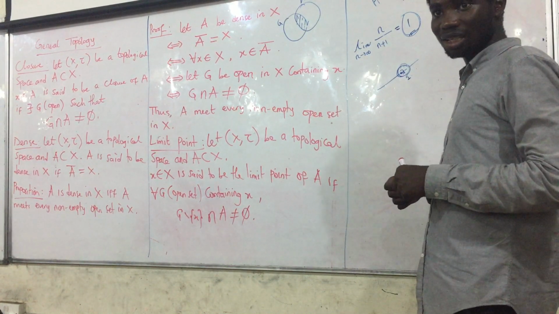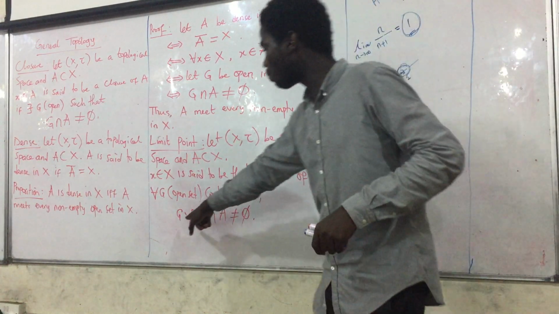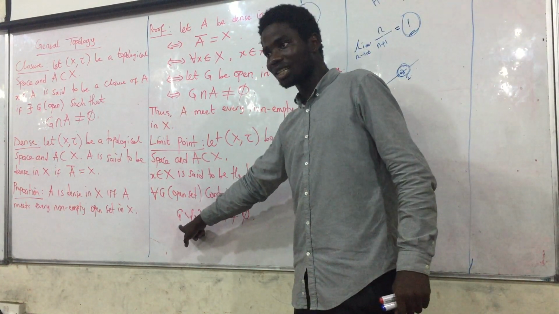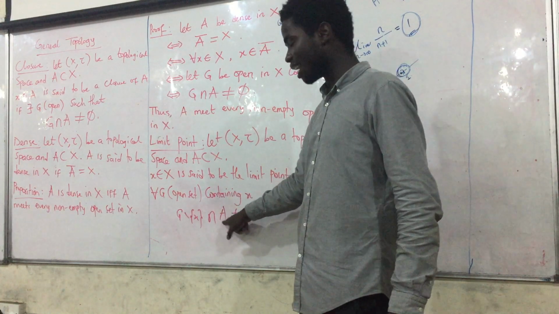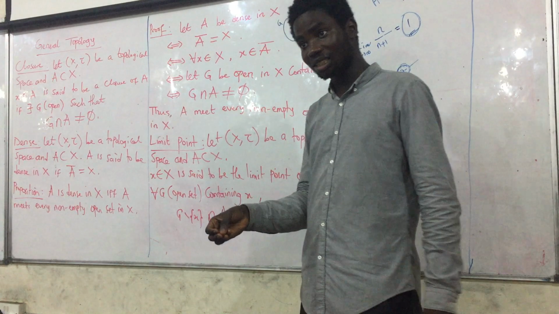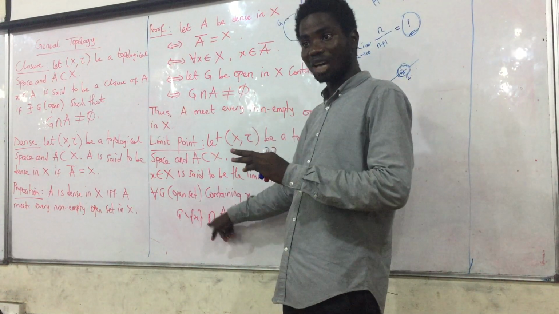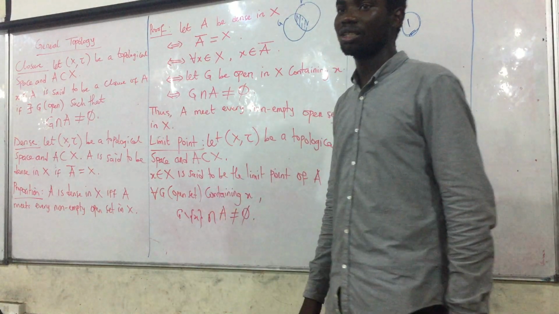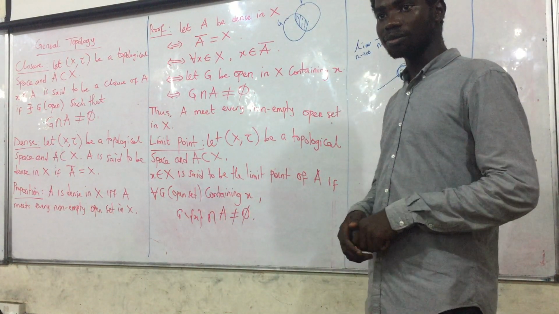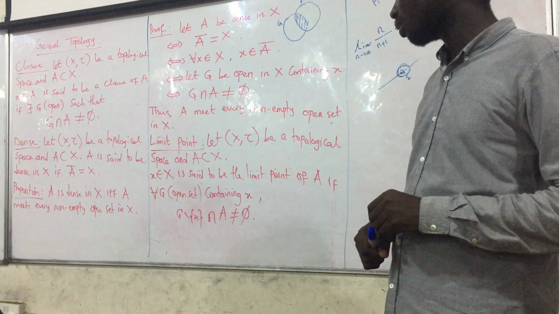So how do you write it mathematically? It means that if you take an open set and take away the limit point, and you take the intersection with A, it's not empty.